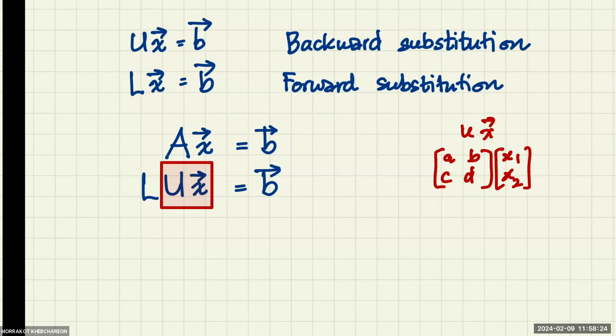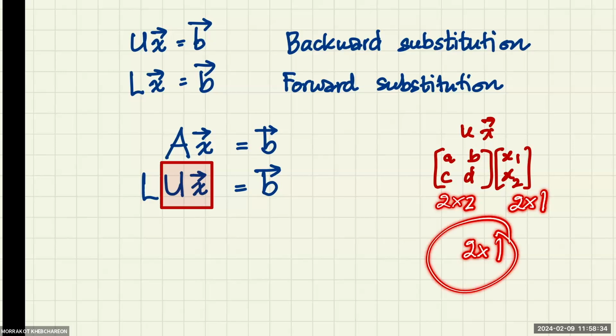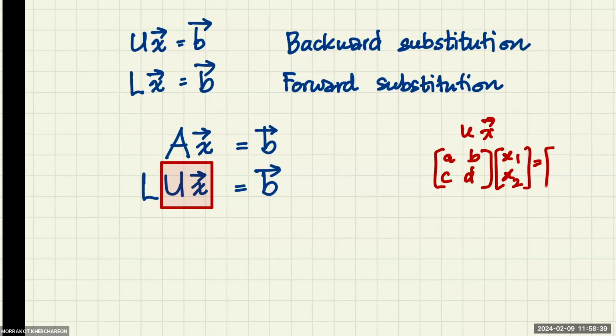This matrix is 2 by 2. This vector is 2 by 1. The resultant would be a 2 by 1 vector. I will let this one be vector y, I call it y1, y2, okay? And I say this is my vector y.